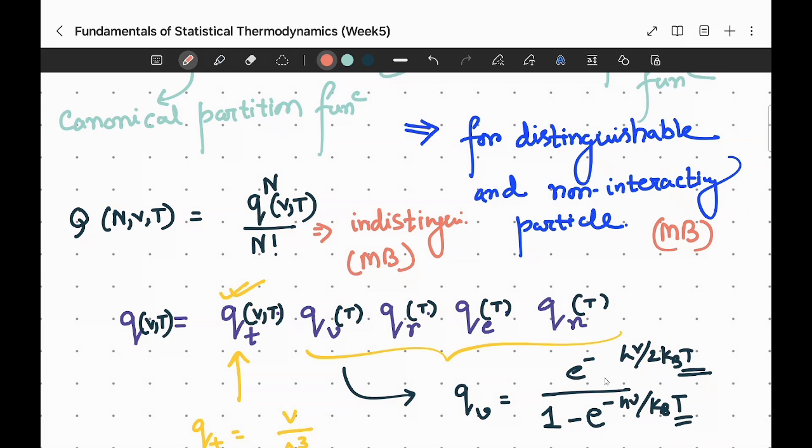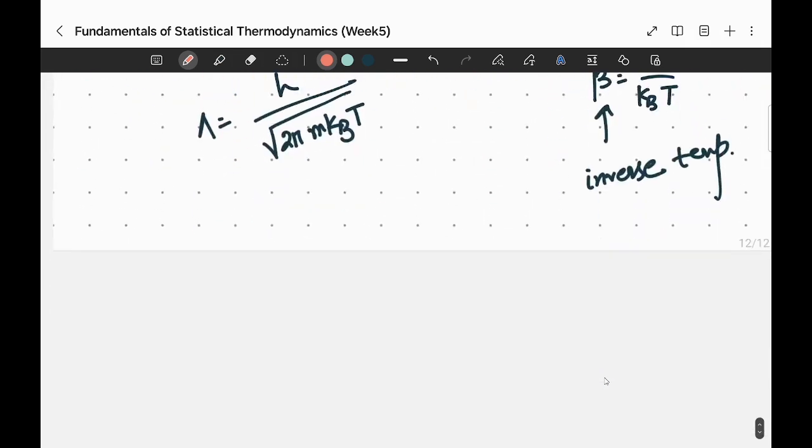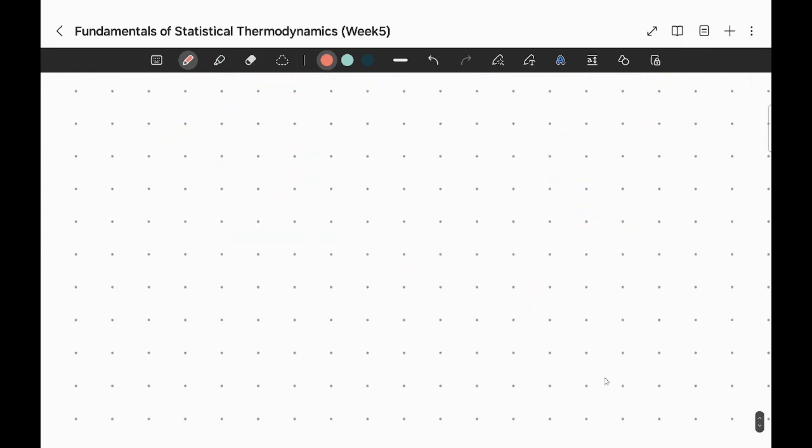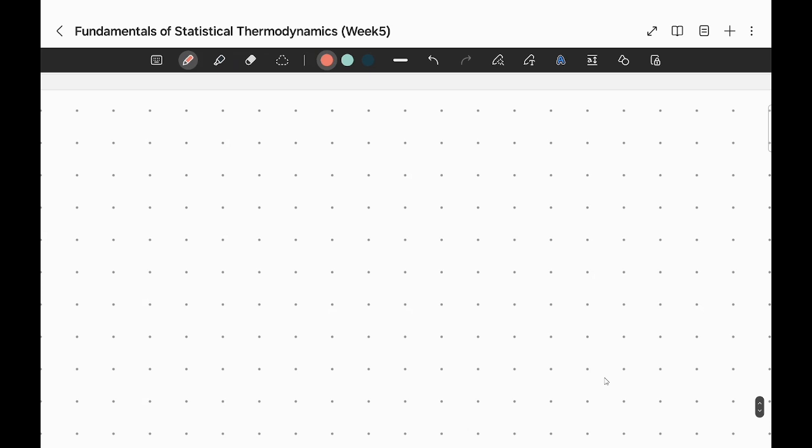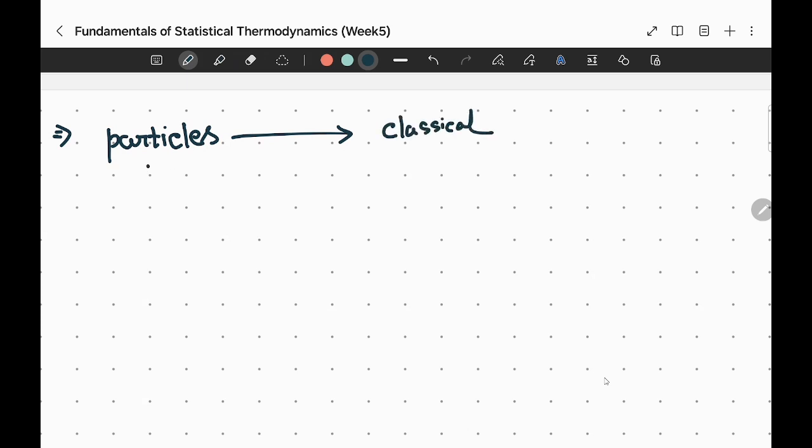Maxwell-Boltzmann particles are, I said in the first class, classical particles. Maxwell-Boltzmann particles are distinguishable. Classical particles, yes. So particles are of two types. One is the classical particle, and another one is the quantum mechanical particle.